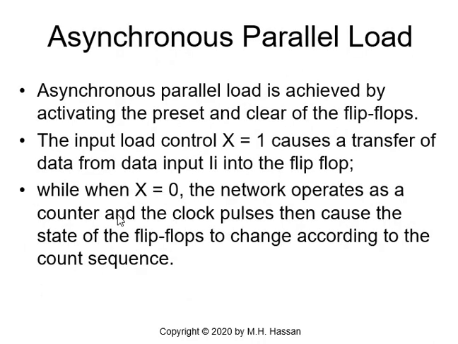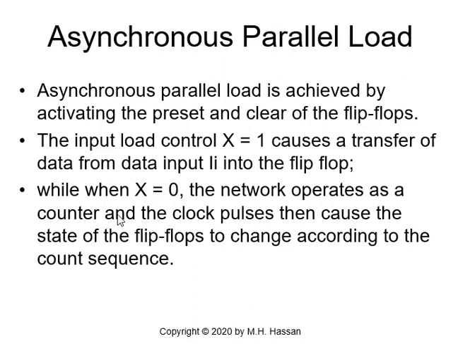Asynchronous parallel load is achieved by activating the preset and the clear of the flip-flops, because the preset and the clear, both of them are asynchronous inputs. The input load control X equal to 1 causes a transfer of data from the data input line, which is I, into the flip-flop.